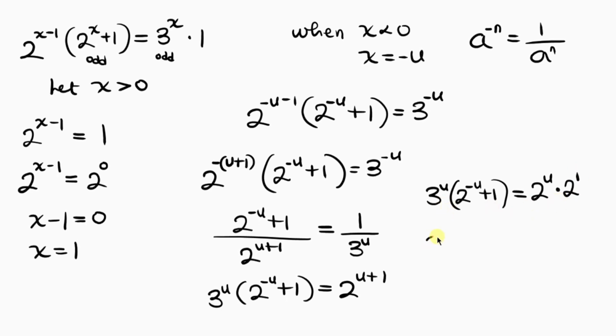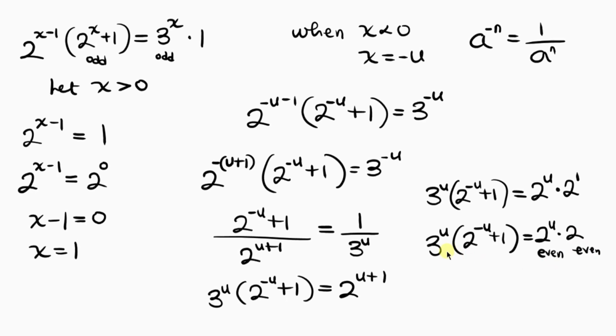So this becomes 3 to the u times 2 to the negative u plus 1 equal to 2 to the u times 2. Now, what we have on the right hand side is even. This is even, no matter the power we raise this to, and this is also even.